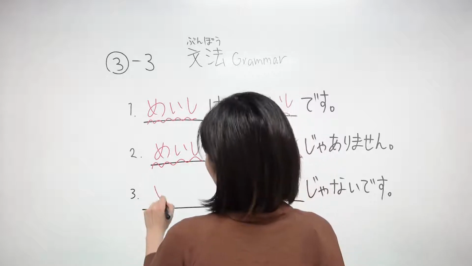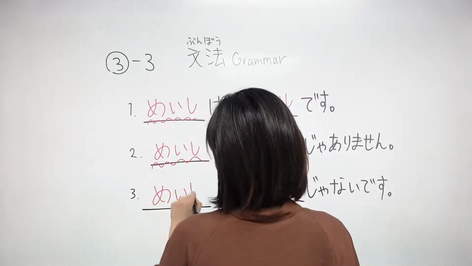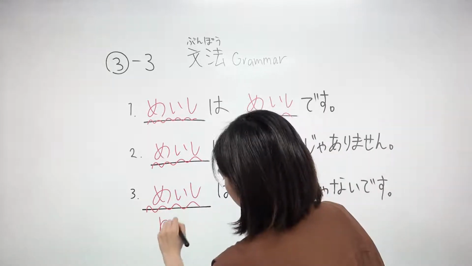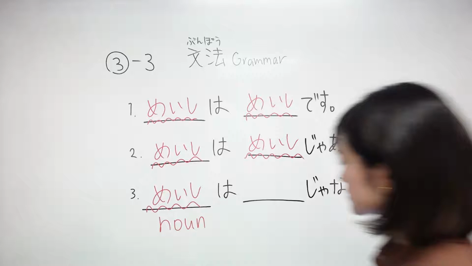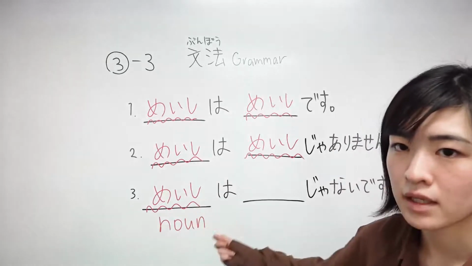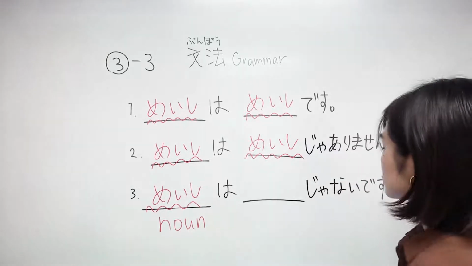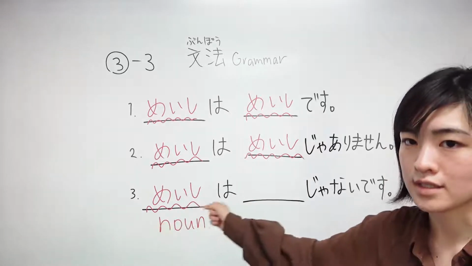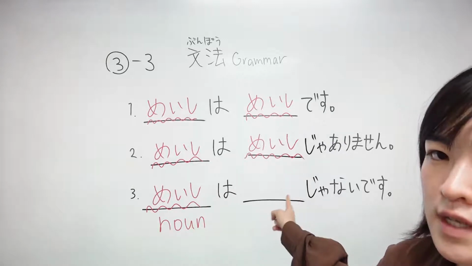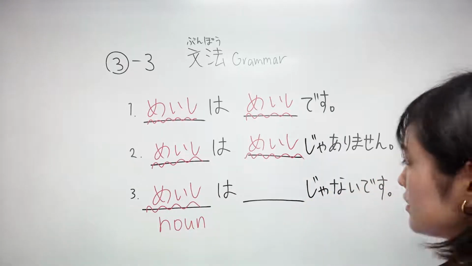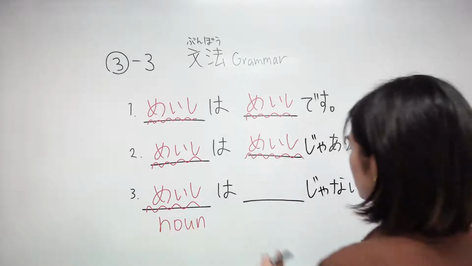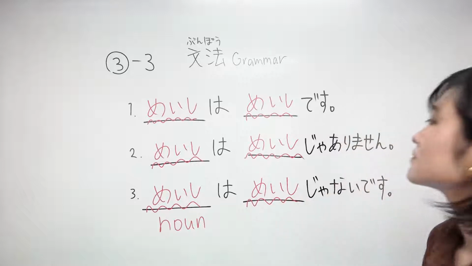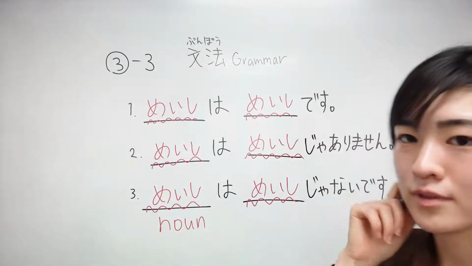Okay, so 私, this is, again, a noun. 名詞. Please remember, 名詞 means noun. And what did we put in here? Student. So, this is also a noun. Okay, do you get the pattern?